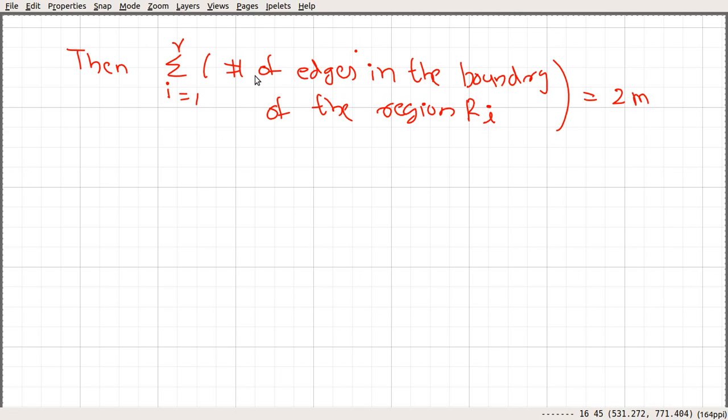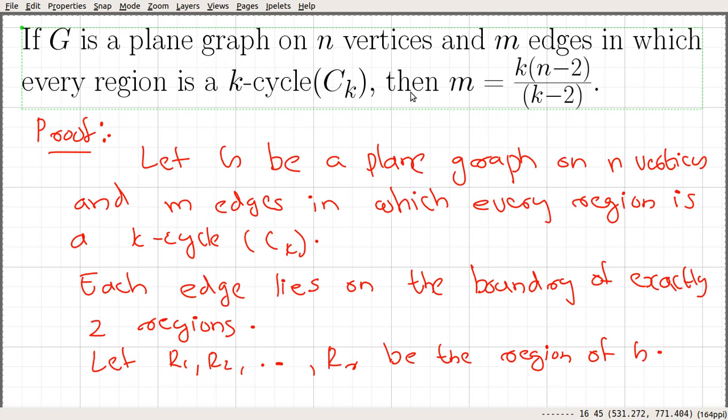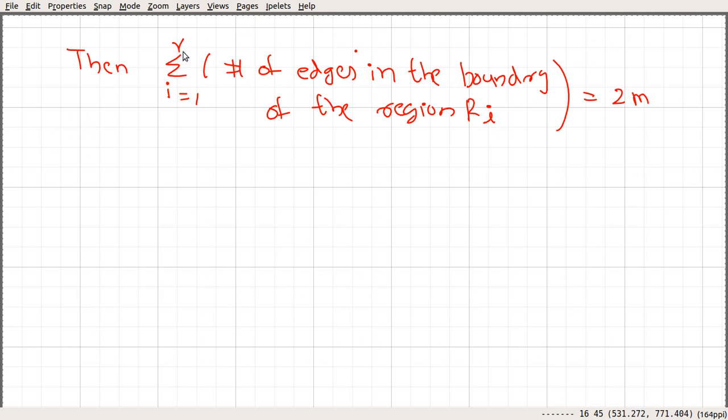Okay, and here we can see that the number of edges in a particular boundary is going to be k here. Okay, because we have this condition, every region is a k-cycle. Okay, so this summation is nothing but sigma i equal to 1 to r of k.